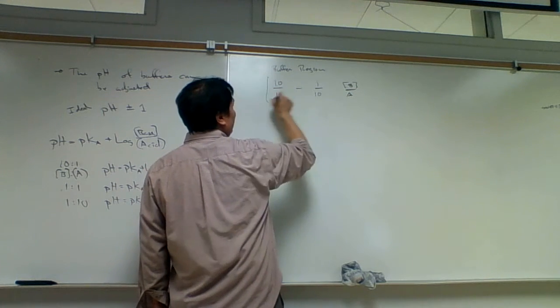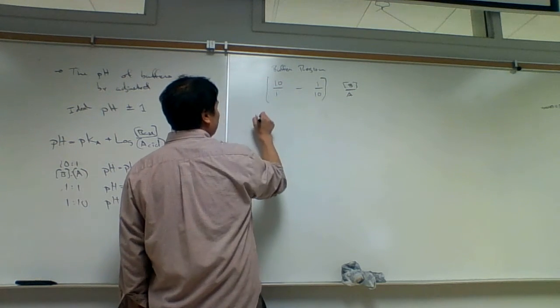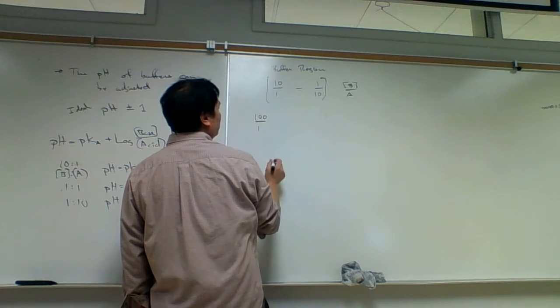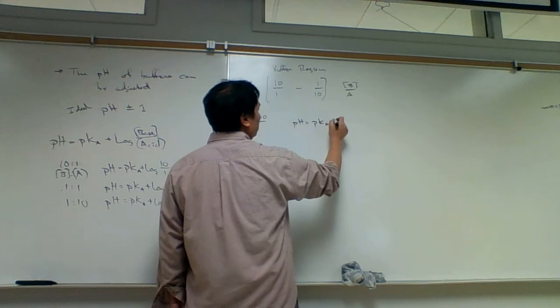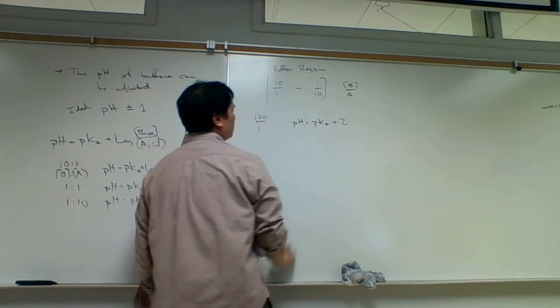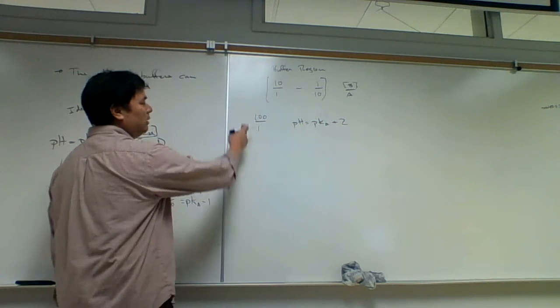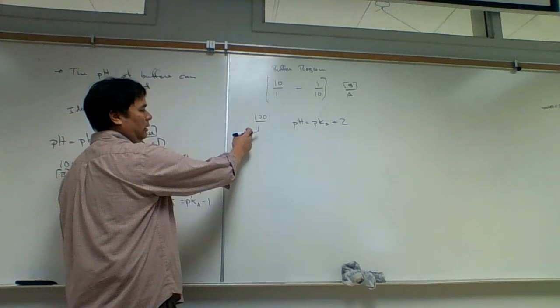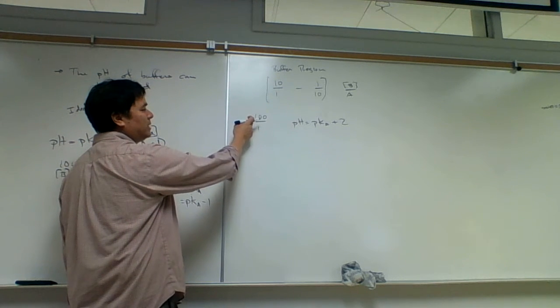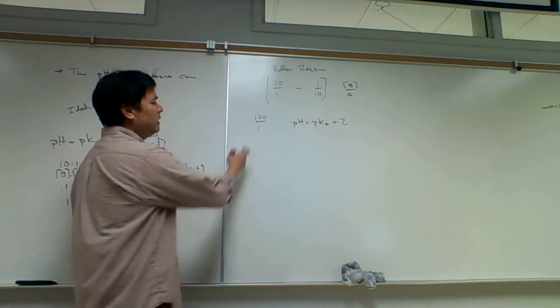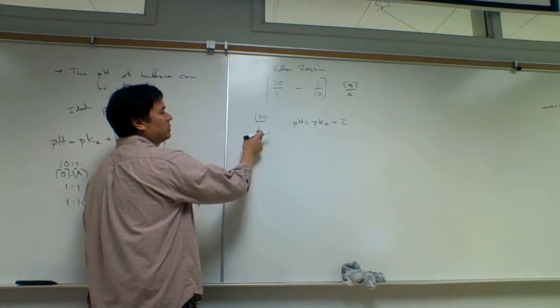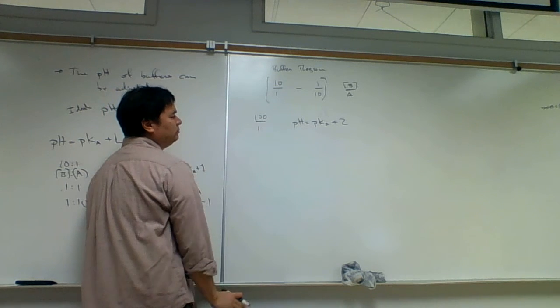Okay, if we go outside this, let's say we get to 100 to 1. If we're at 100 to 1, then the pH is equal to the pKa plus 2. And so here we're going to have a large amount of base, but not much acid, because we can't make a 100 molar solution. So if we made this at 1 molar or 0.1 molar, this would be 0.001 molar.